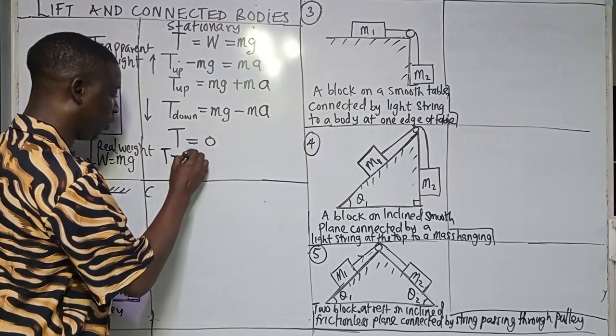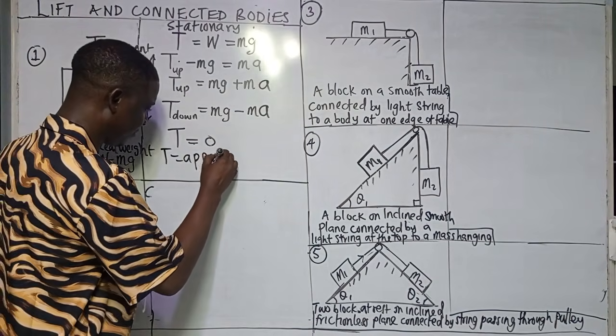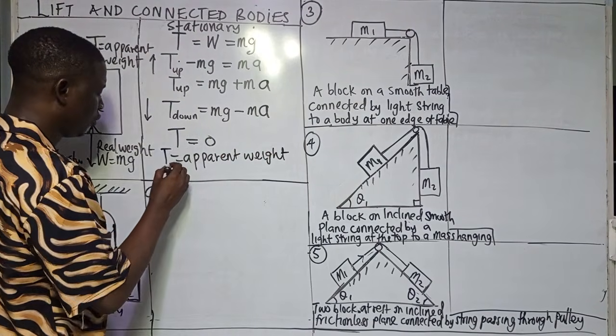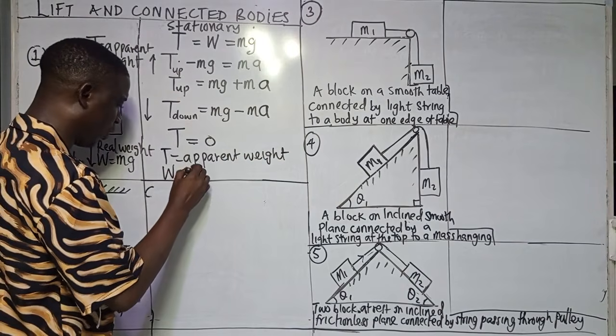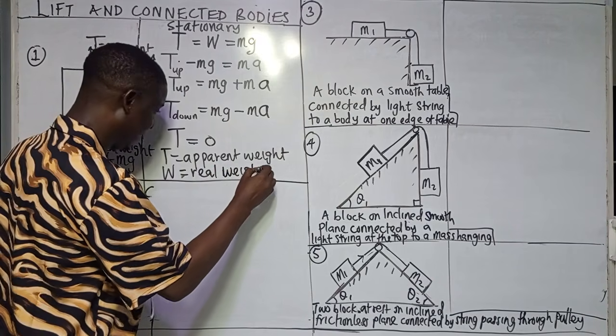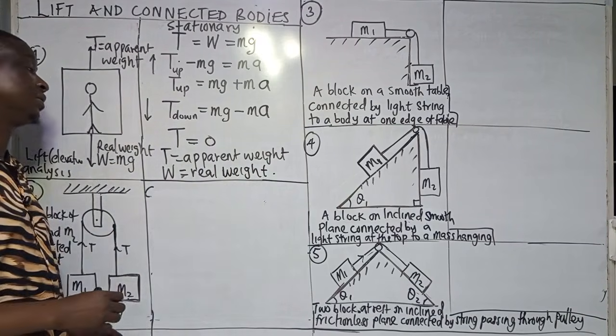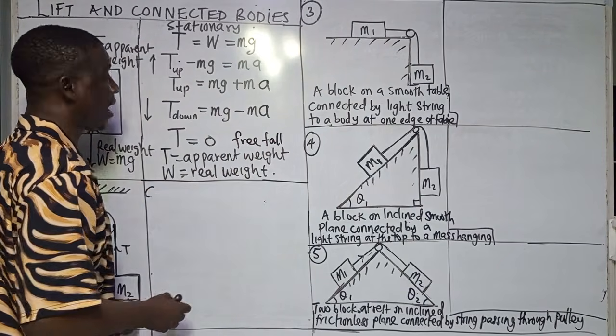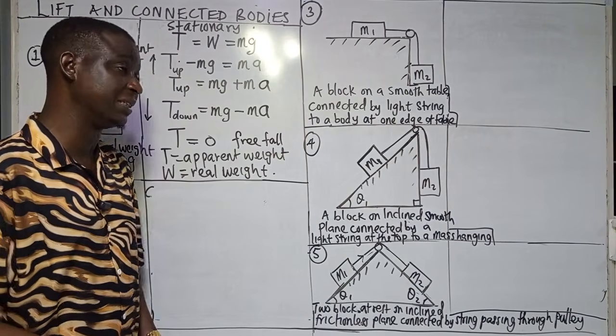I told you T is the apparent weight. I told you W is equal to the real weight, which is the mass of the object times acceleration due to gravity. This one is for free fall or a massless object inside the lift.